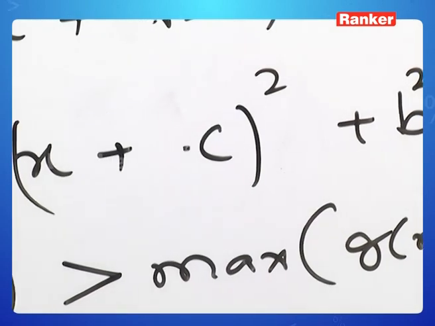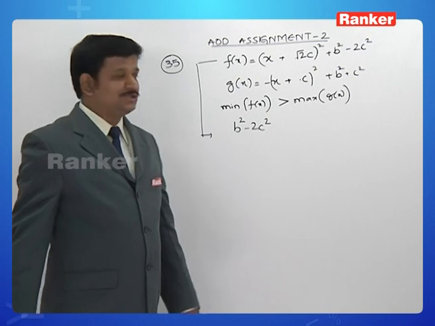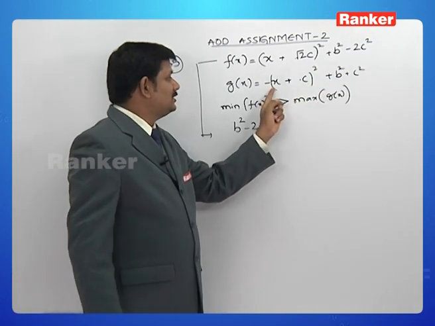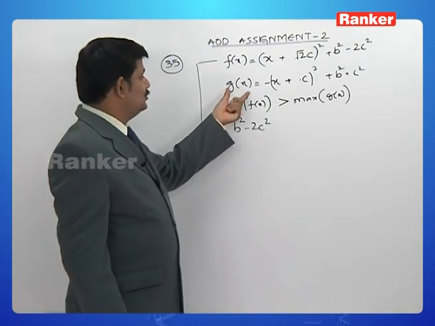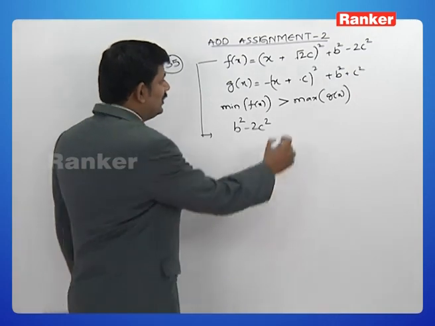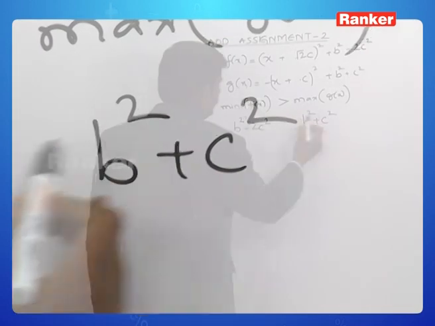So, g of x is b square plus c square minus of x plus c whole square. From b square plus c square, you are subtracting a perfect square. So, g of x will be maximum when this perfect square is 0. So maximum value of g of x is b square plus c square.